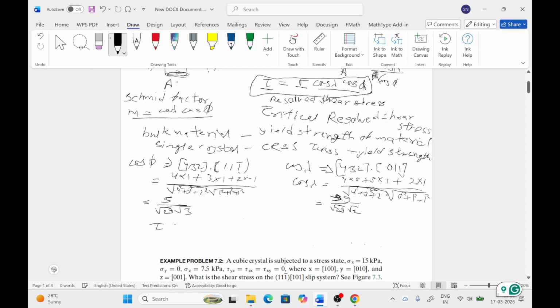So the resolved shear stress RSS will be sigma times m, that means cos lambda and cos phi.